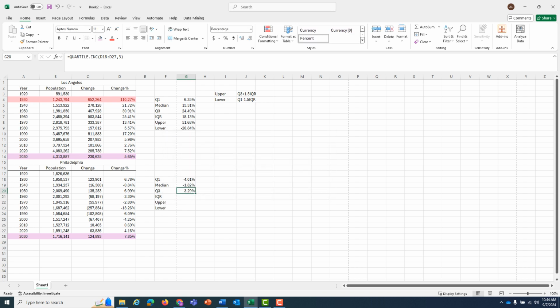So the third quartile for Philadelphia is a 3.29% increase. I want the IQR, which is just the difference between Q3 minus Q1, and that is 7.31%. And now I could use these formulas to identify if any of our Philadelphia information should be considered an outlier.